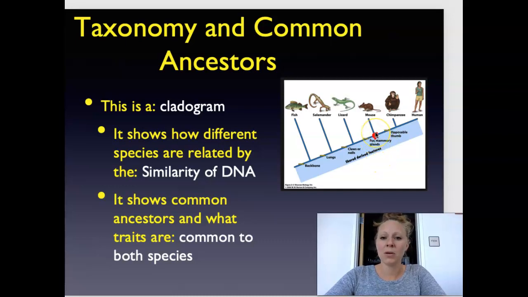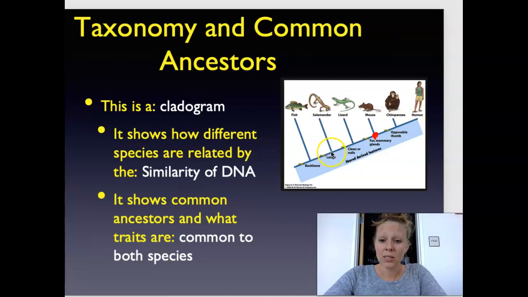This represents a common ancestor that gave rise to organisms that have fur and mammary glands, so mammals. So there was a mammal at some point that gave rise to both mice and chimpanzees and humans and all sorts of other organisms that are mammals.